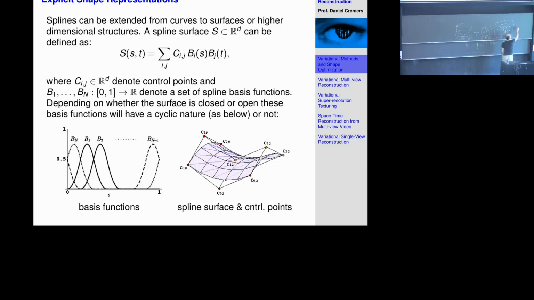So some parameter grid here, and then you have this mapping that maps points to the 3D surface here, right? So every point on the grid is mapped to some point on this surface in R3. And that mapping is what I call S, the surface.